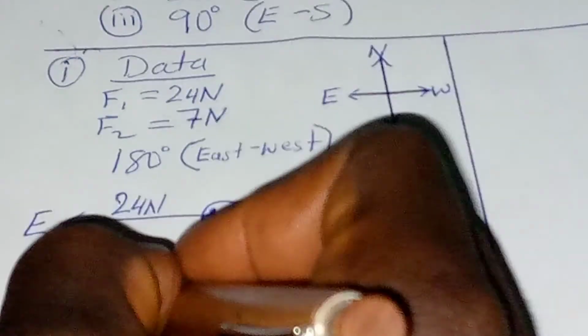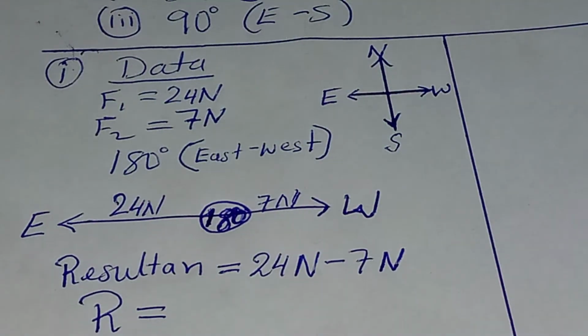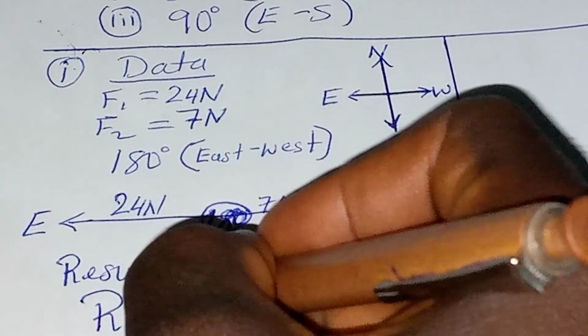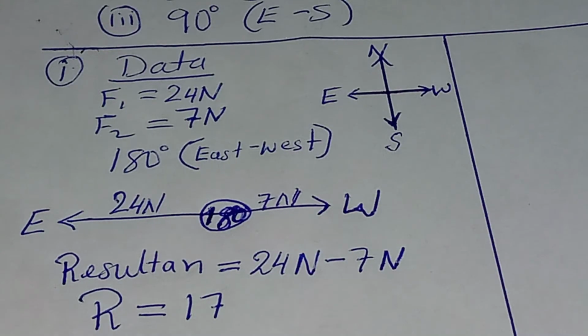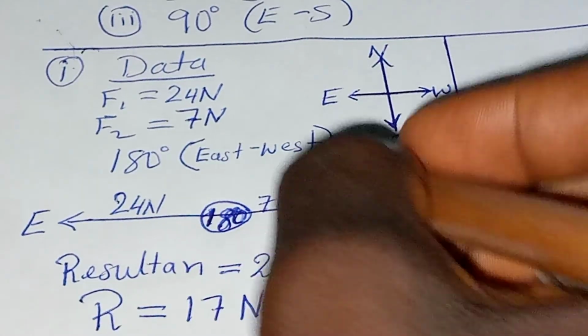Resultant will now be equal to 24 minus 7, which is equal to 17 Newton.